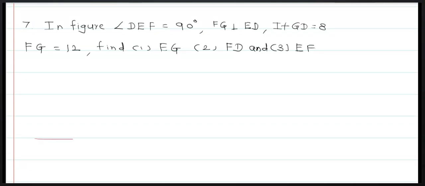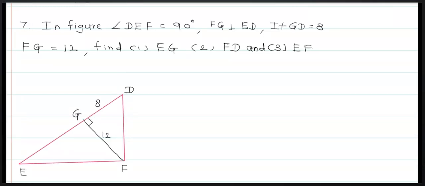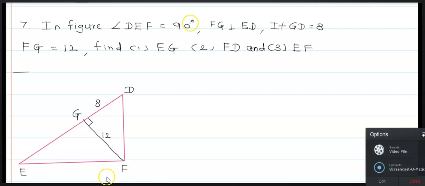And this is what we want to find out. See this, the triangle DEF. FG is perpendicular to ED. GD is 8. GF is 12.